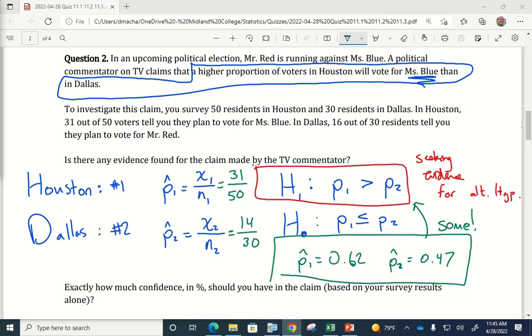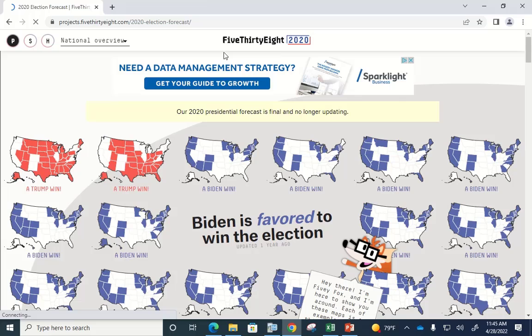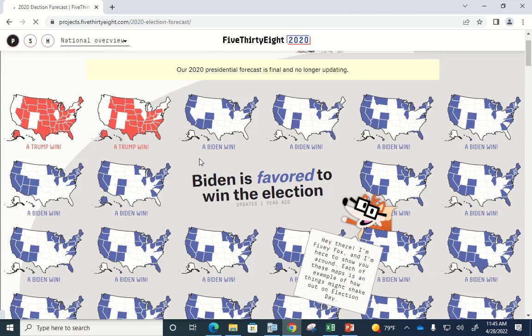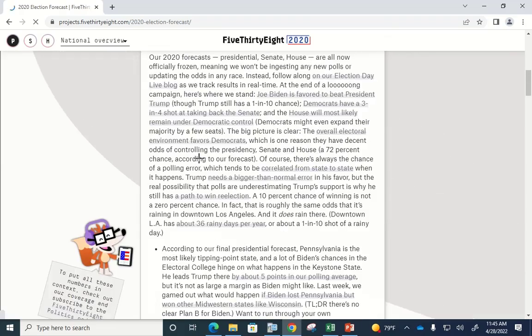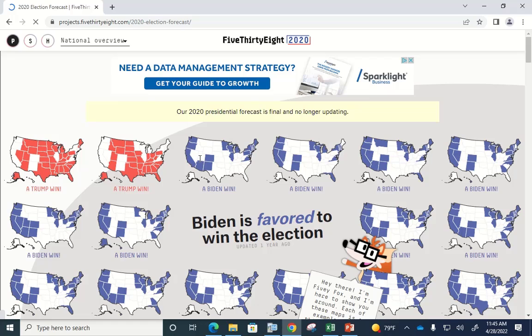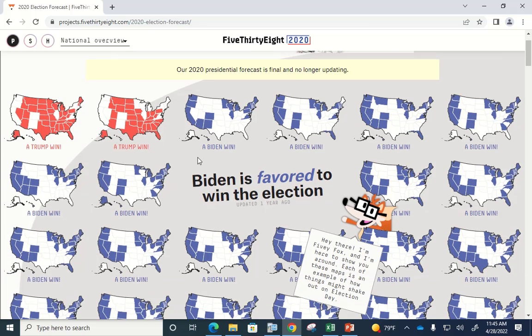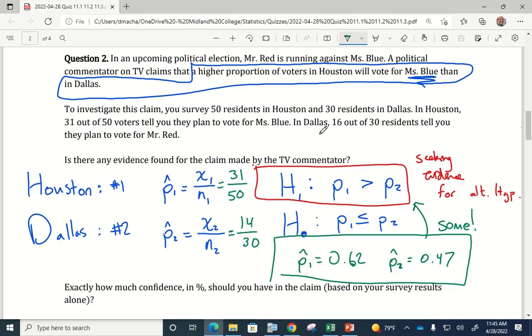So there's this website called 538, and I think it's named that because there's like 538 electoral votes. And the way that this works is that every single time there is a survey done prior to a presidential election, they put that data into a really big database of statistical survey data.